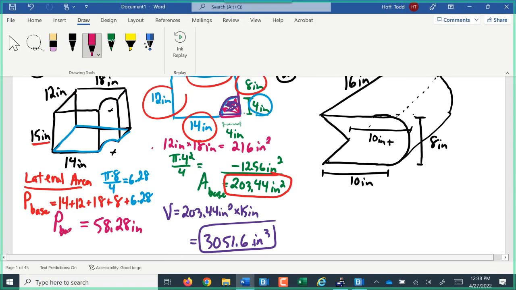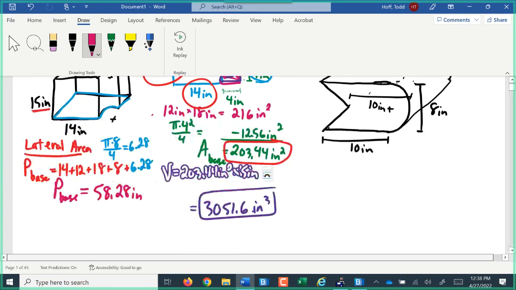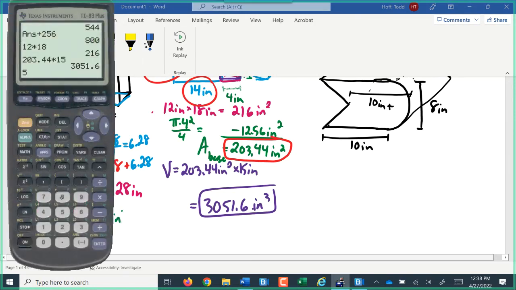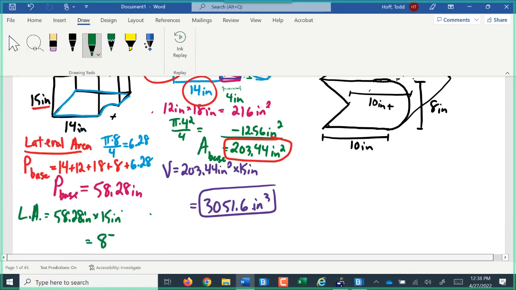Multiplied by 15, no? So then for our lateral area, yes. Take the perimeter of the base, 58.28 inches times that height of 15 inches, giving us a lateral area of 874.2 square inches.